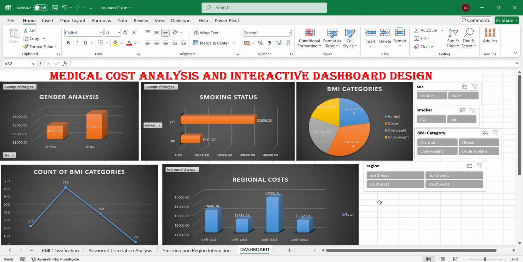As we can say, if the BMI category is lower, then the charges may be less.